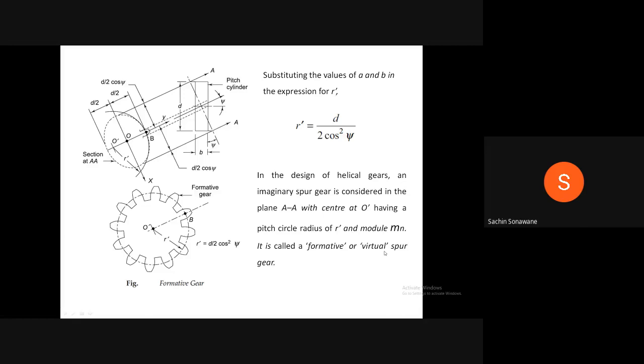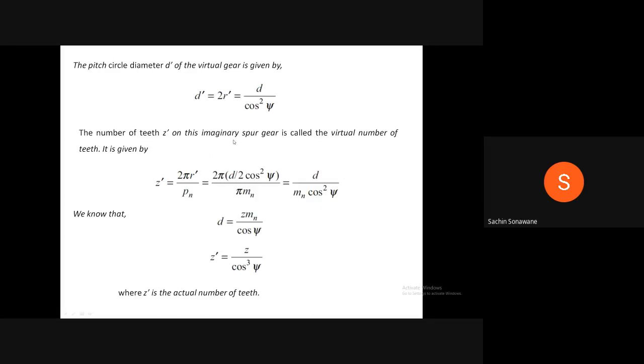Below, this diagram shows the formative teeth or the virtual teeth of the spur gear, where r dash is equal to d divided by 2 cos square psi. B is the face width, psi is the helix angle. The pitch circle diameter d dash of the virtual gear is given by d dash is equal to 2r dash. Therefore, d dash is equal to d divided by cos square psi.